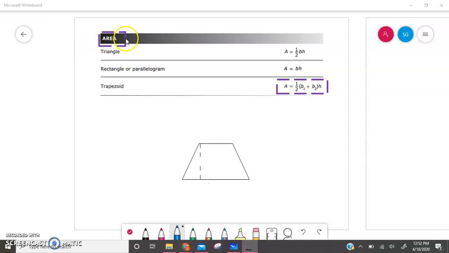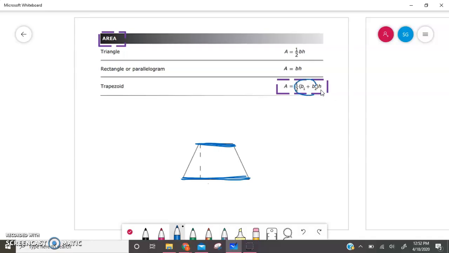If we look at our formula chart and we look specifically for area and we're looking at our trapezoid, we'll see that the formula says area equals 1/2 base 1 plus base 2 times height. So we need to first figure out which parts are what. If we are looking at our trapezoid, this right here at the top and this right here at the bottom, which are our straight lines, those are going to be our bases.